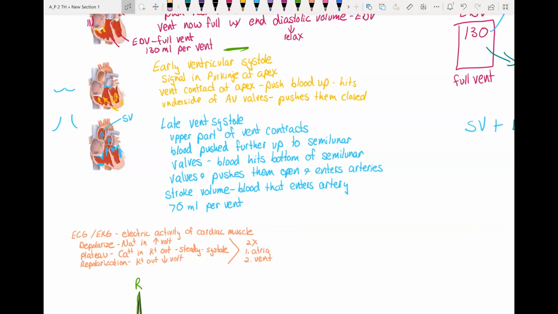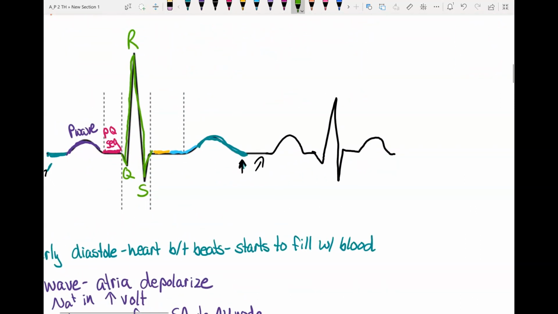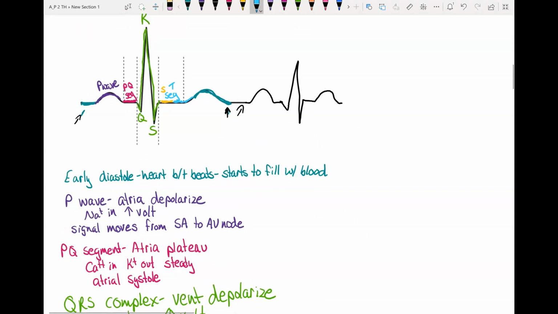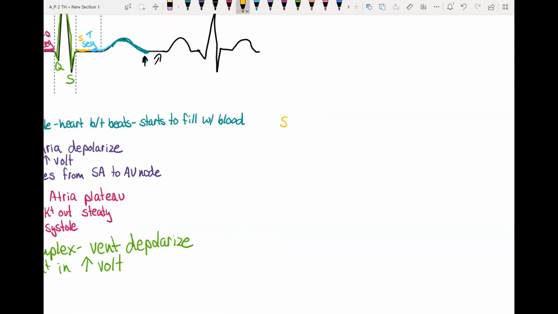And up here we split it into two parts. We have the yellow for the early and the blue for the late. So this part down here is the ST segment. So you can pick if you want to write that in yellow or write it in blue or half and half. I'll just go ahead and put it in yellow, make it a little easier. But next you have the ST segment. This is when the ventricles are in plateau.